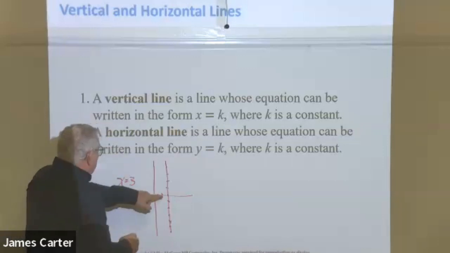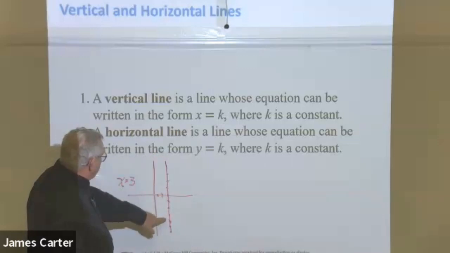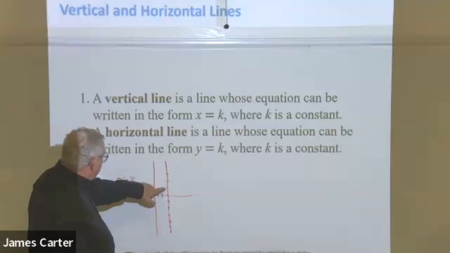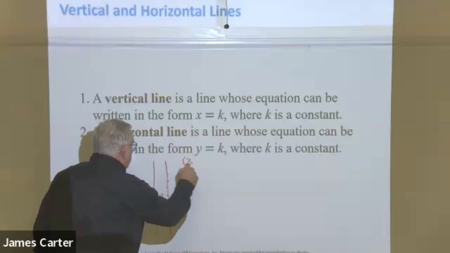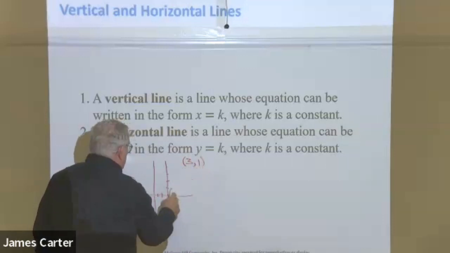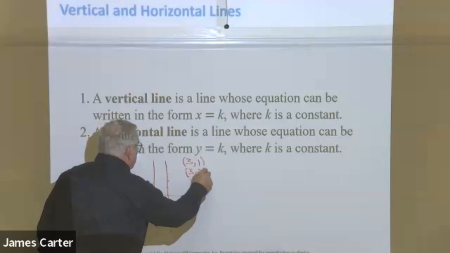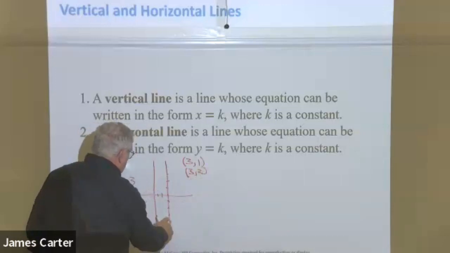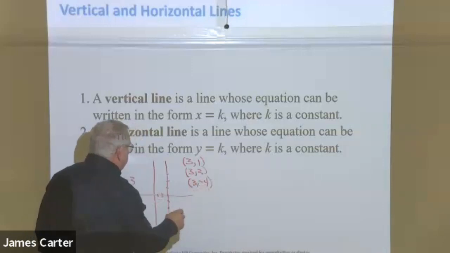Here's y equals 1, which would generate the point 3, 1. This one is 2, I would have 3, 2. Down here, I would have -4, which would be 3, -4.